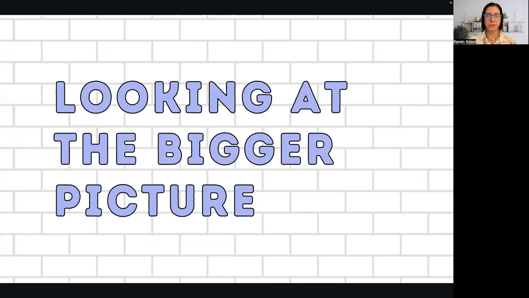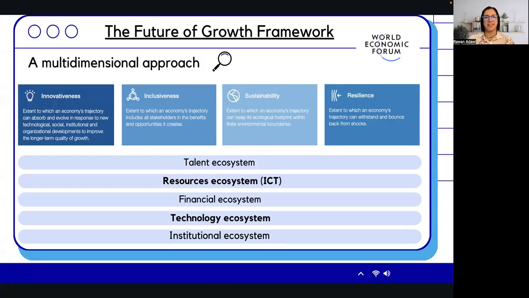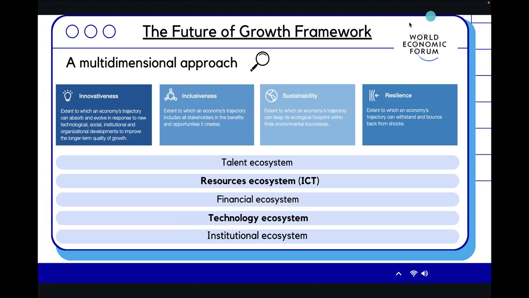Looking at a bigger picture, we're going to start with the Future of Growth framework, which has been developed by the World Economic Forum. And you have a title right here, a hyperlink right here, which takes you further. I'm going to show it in a bit. So that framework looks at societies in a multi-dimensional approach.